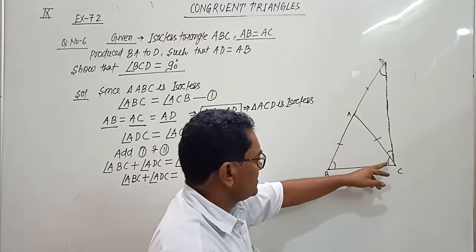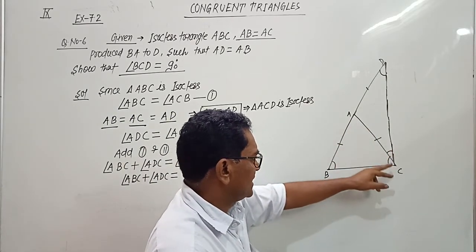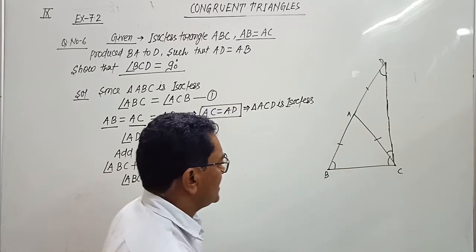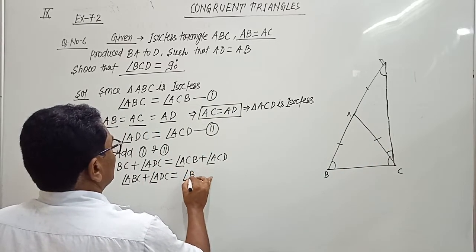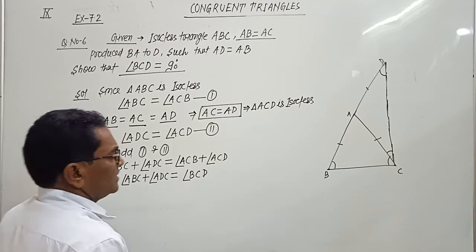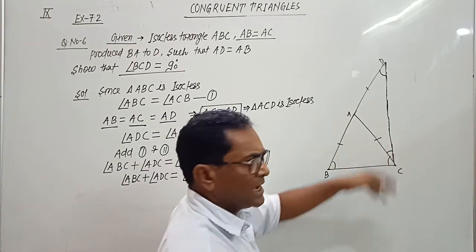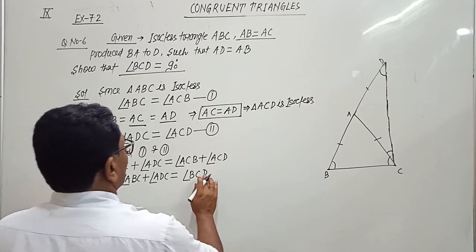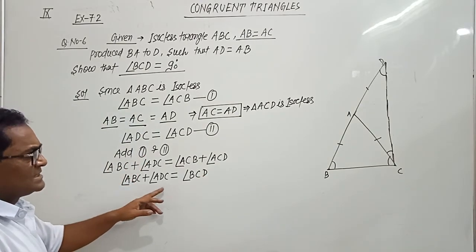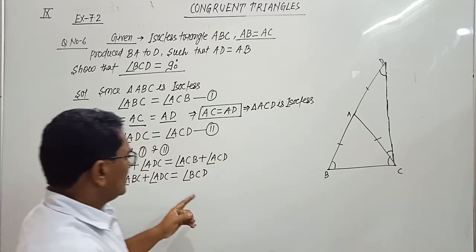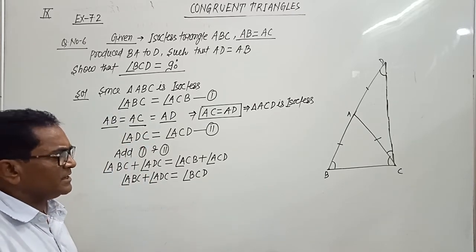Angle ACB plus angle ACD is written as angle BCD, this whole angle. So we get angle ABC plus angle ADC equals angle BCD.